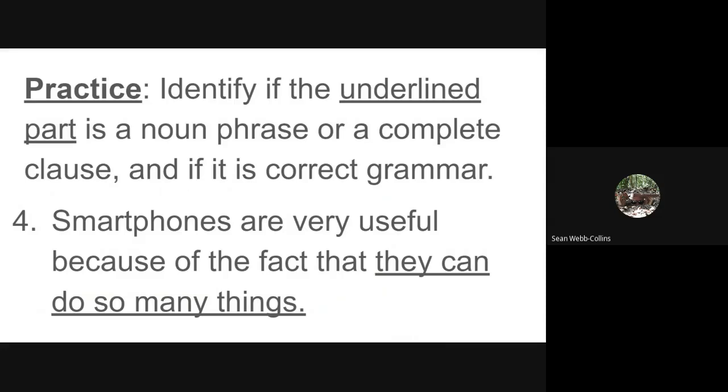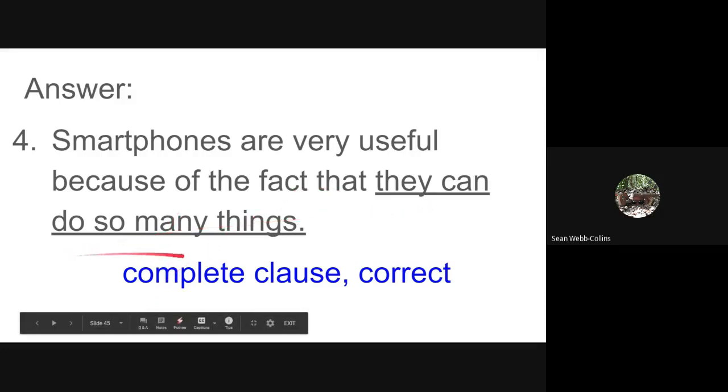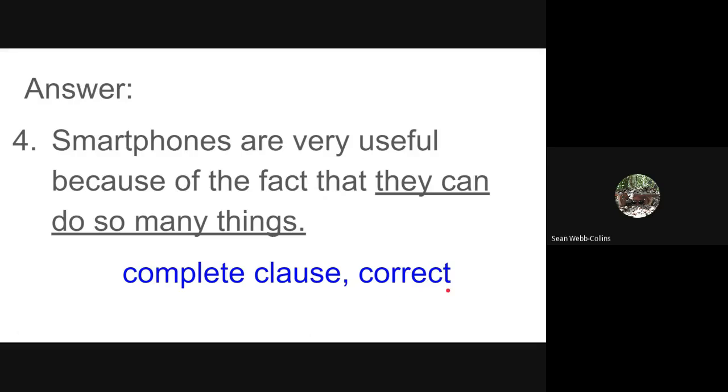Okay, let's turn the page and reveal the answer. That's right. They can do so many things is a complete clause and is correct grammatically. No mistakes to correct.